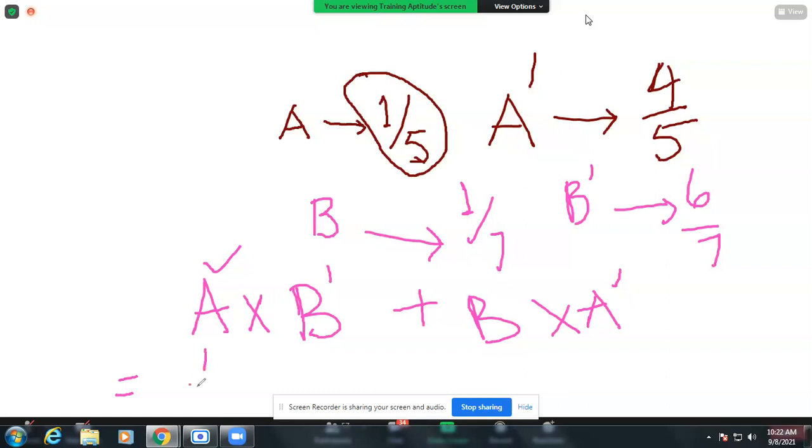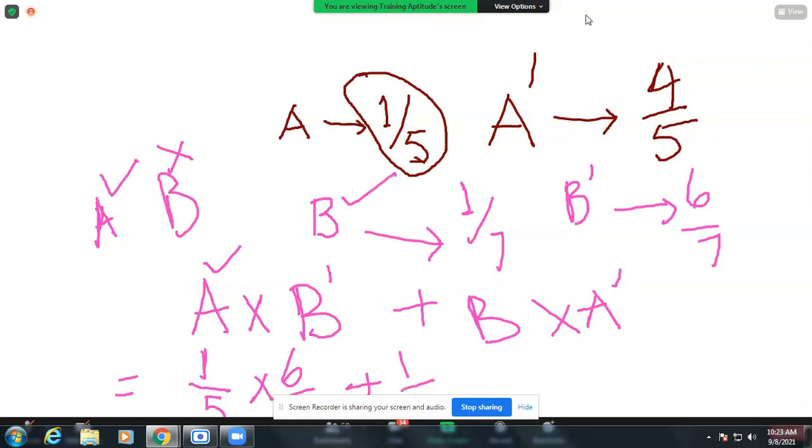So the probability of A getting the job is 1 upon 5 and B not getting. A is in, B is out. Please understand, because the question clearly says that one of them has to get the job. So B out is 6 upon 7. And when B is in, A has to be out.